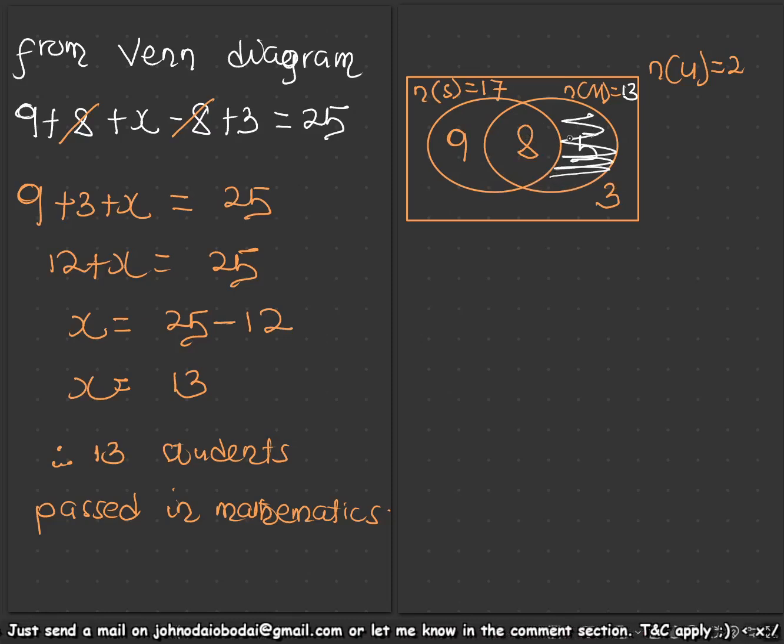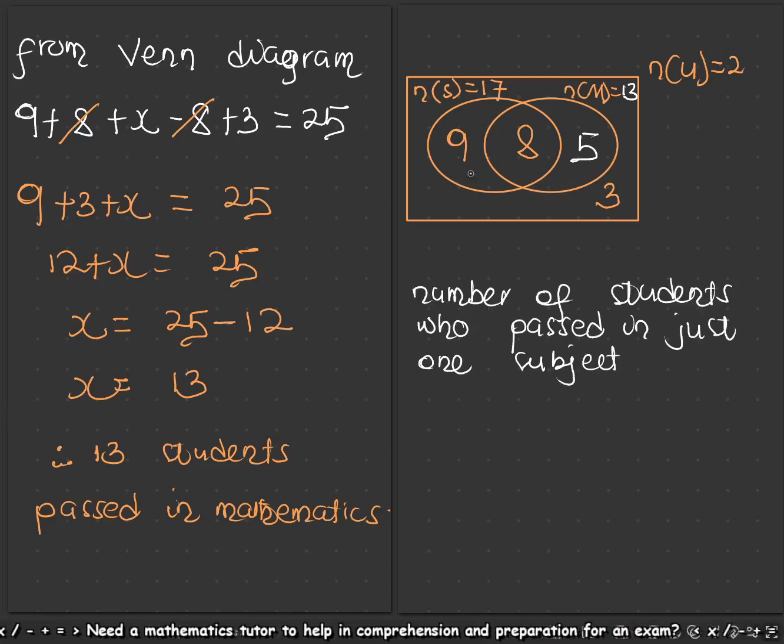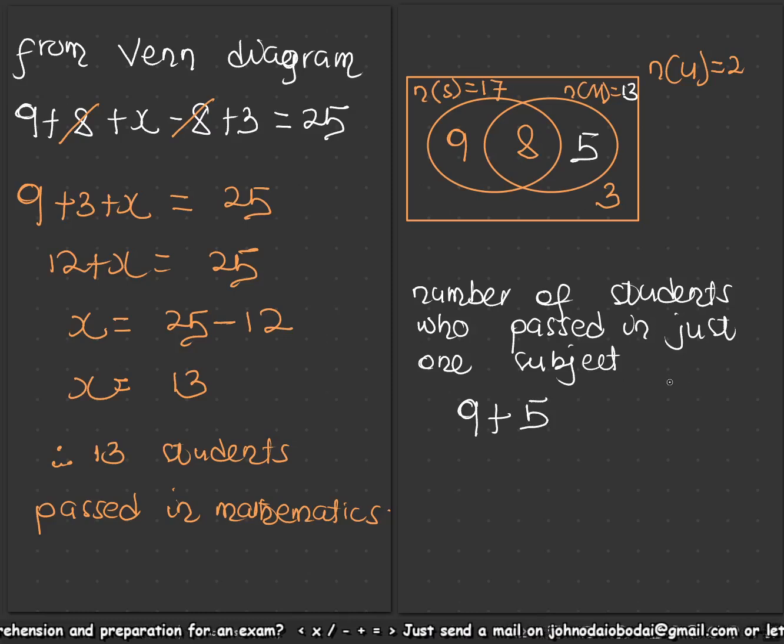Whilst this here is only in maths. So if you want the number of students who passed in only one subject, we are going to add the number of students who passed in only science, which is 9, to the number of students who passed in only maths, that is 5. And that gives us a 14.